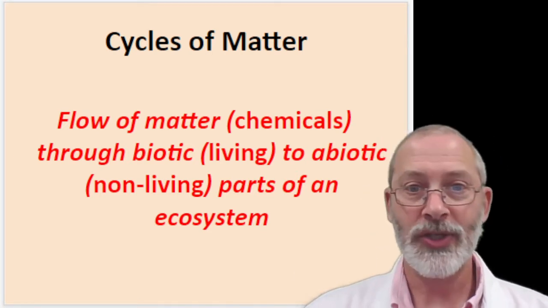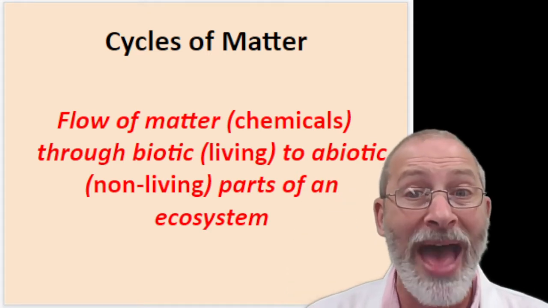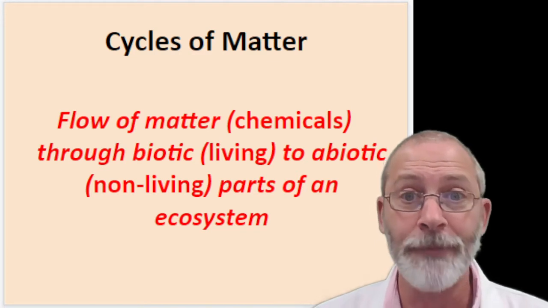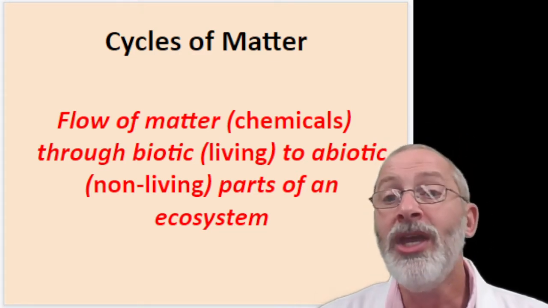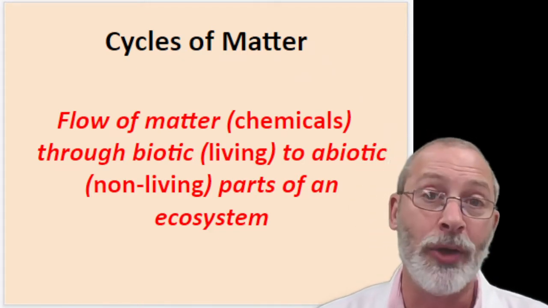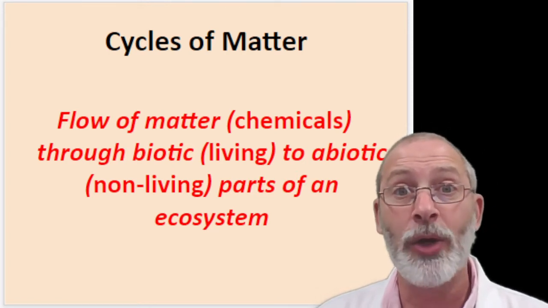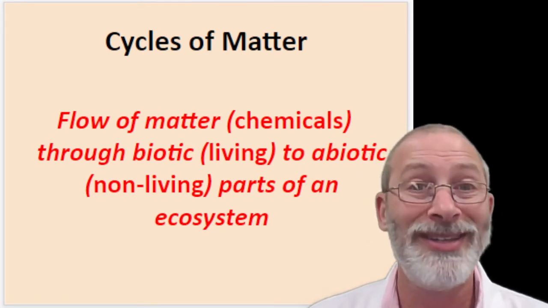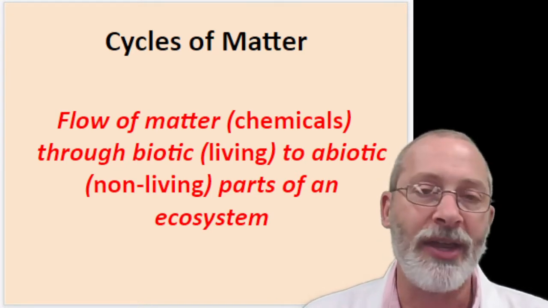biogeochemical cycles. Cycles of matter broadly describes the flow of matter, namely chemicals, through the biotic, the living, to the abiotic, the non-living parts of an ecosystem. The very topic name itself, the biogeochemical cycles, describes this definition of cycles of matter.